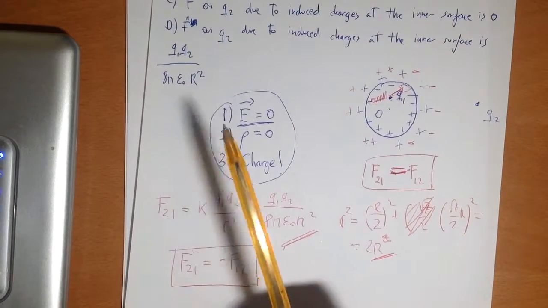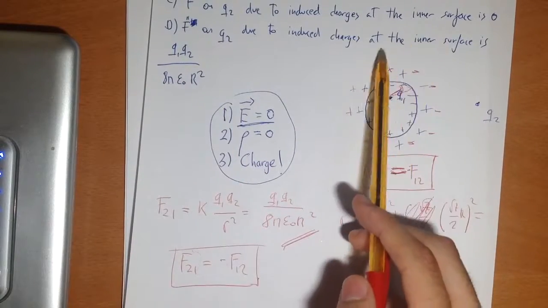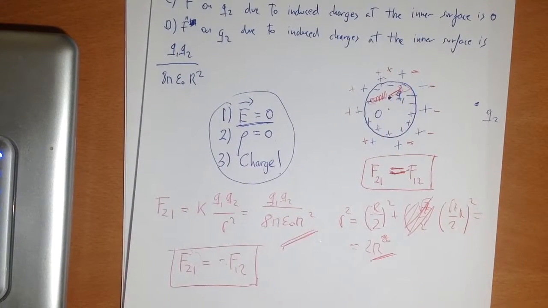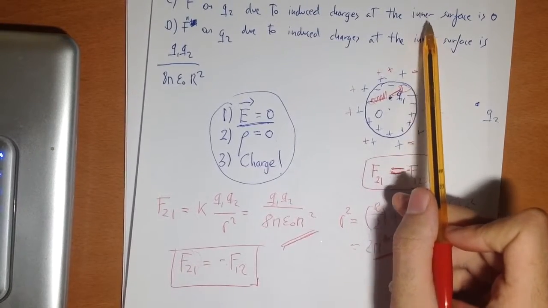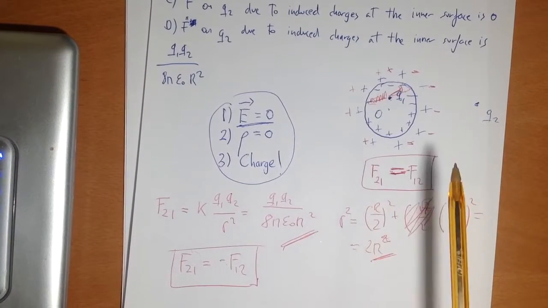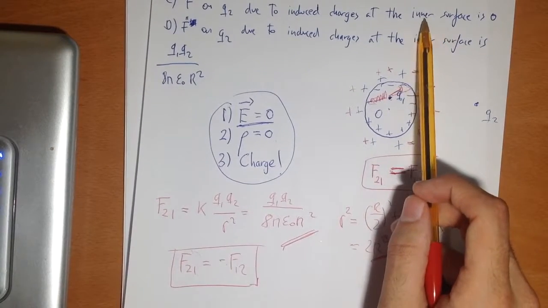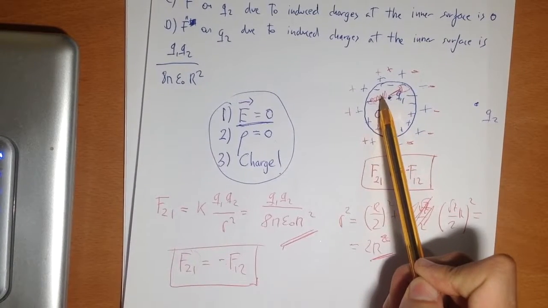And now, what happens here? We have to verify this. As you can see, we don't have to calculate anything else, as we have the same case as here. There is a force. Why? Because at the inner surface there is an asymmetrical charge distribution.